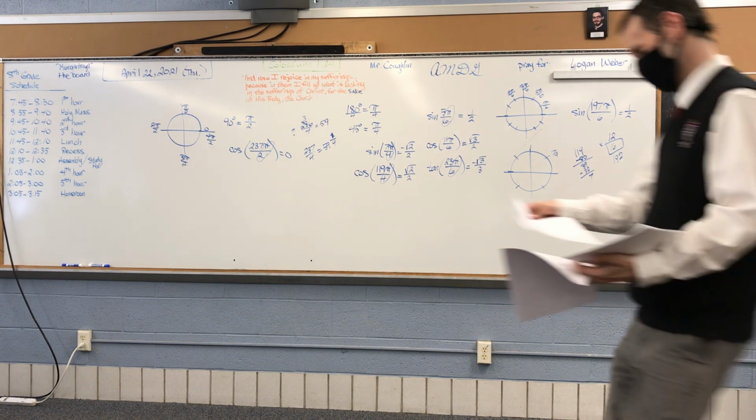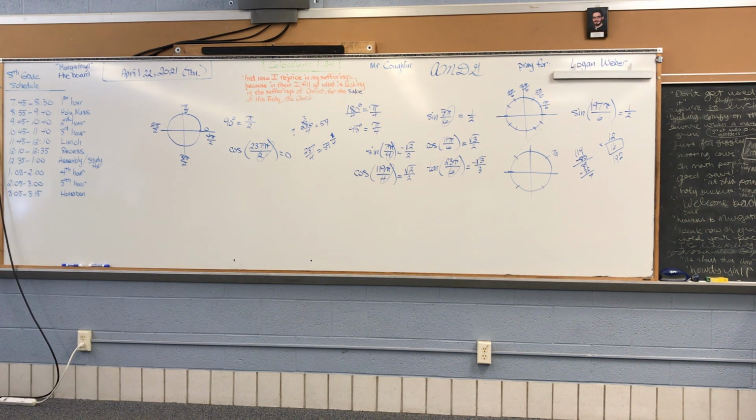The worksheet, the first 6 problems are just once around the circle, but everything is in radians. So hang tight for just a second. I need to explain a few things before you begin. So hold tight. You want to take a minute?